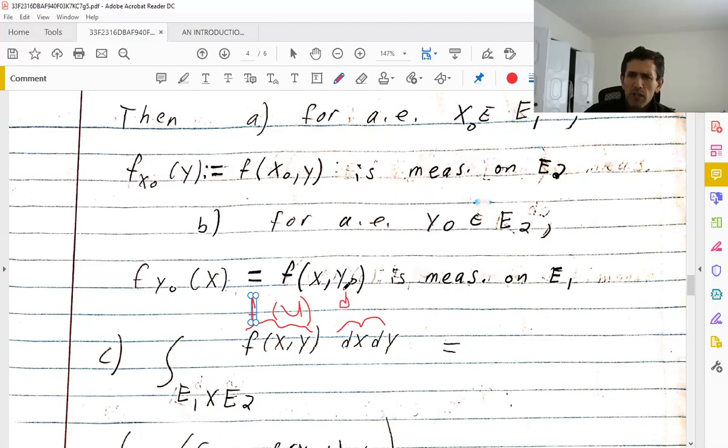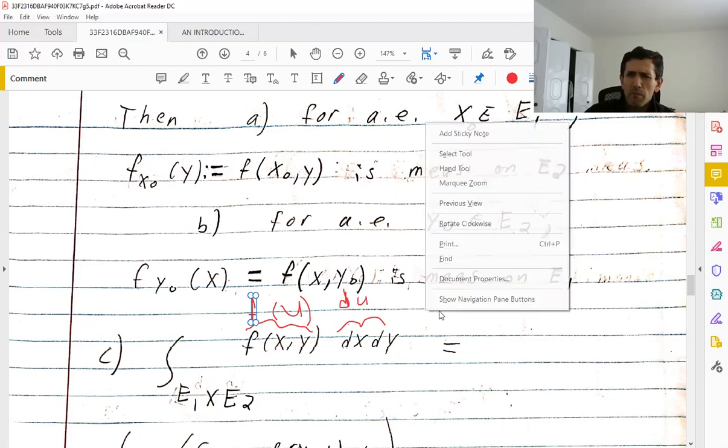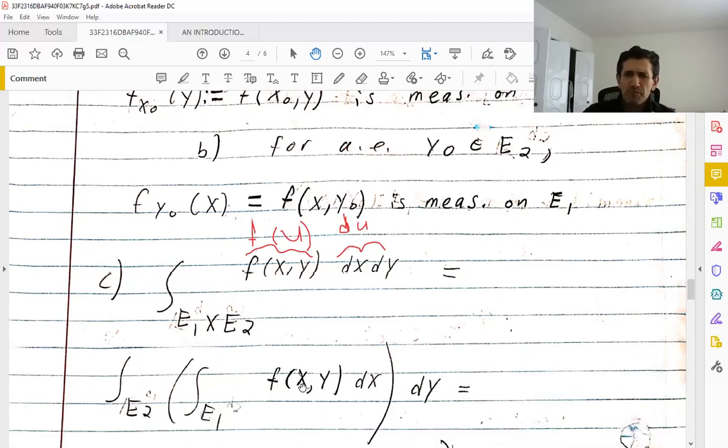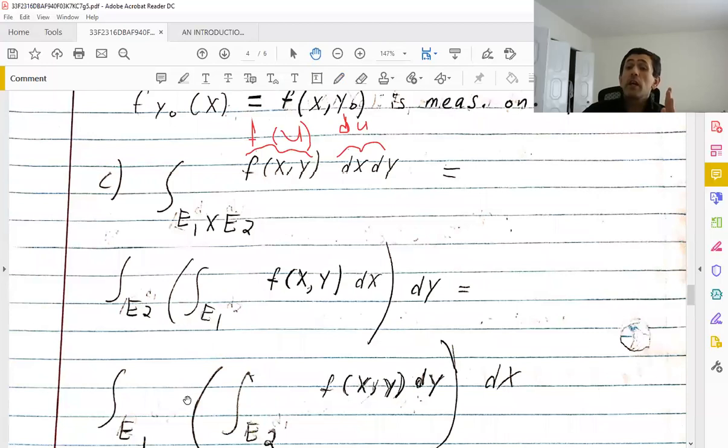So if there's any confusion here, I'm just saying the integral of f of u du over u in E1 times E2 can be written as either iterated integral, particularly doing E1 first, fixing y.